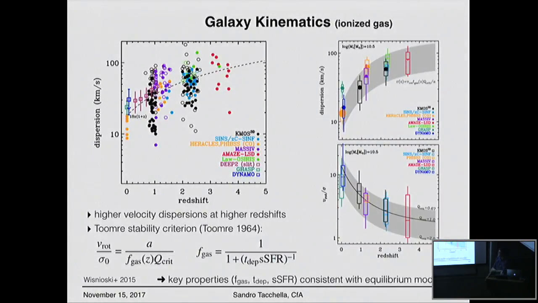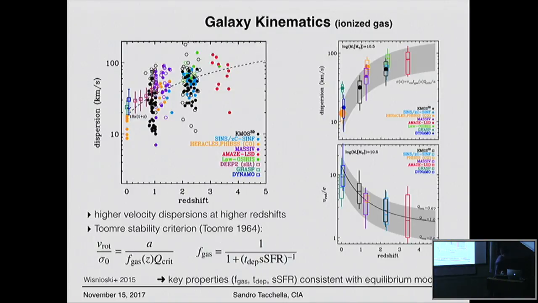The picture people from there are presenting is that the dispersion is increasing as a function of redshift. Just keep in mind, this is all ionized gas kinematics, not stars. But it seems that the dispersion is increasing.